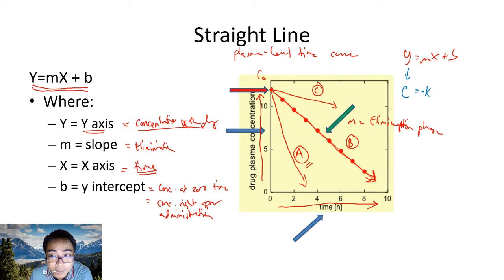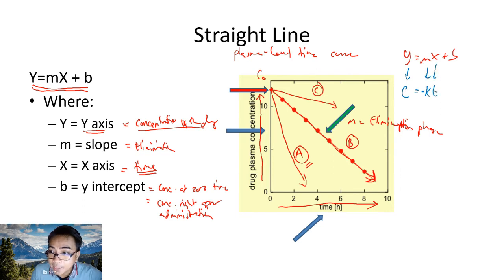Kasi kung positive, class, ang symbol here, okay, yung sa K natin, ang mangyayari niyan is it indicates that the line is going up. Okay? Eh, hindi naman papataas yung ating line. So, therefore, let's label it as negative. Okay? Para alam natin na ang ating line is going down. The slope is going down. Right? Then, of course, ang X dito would be time.